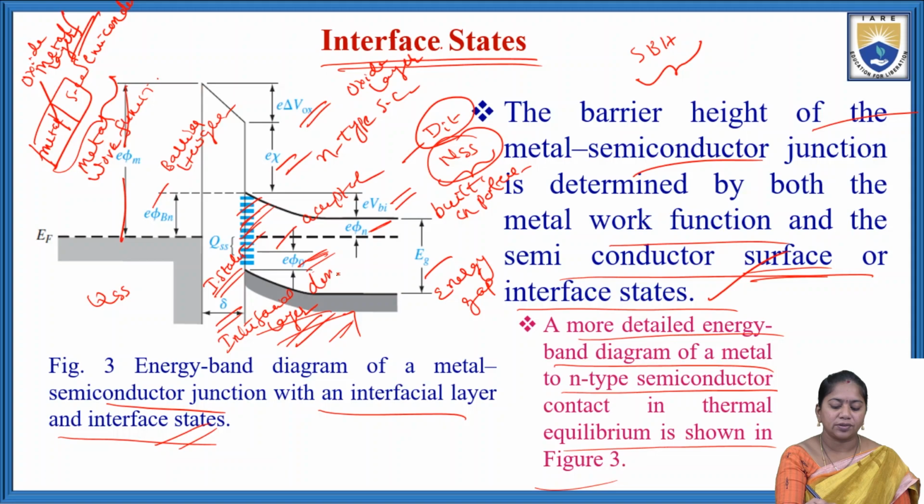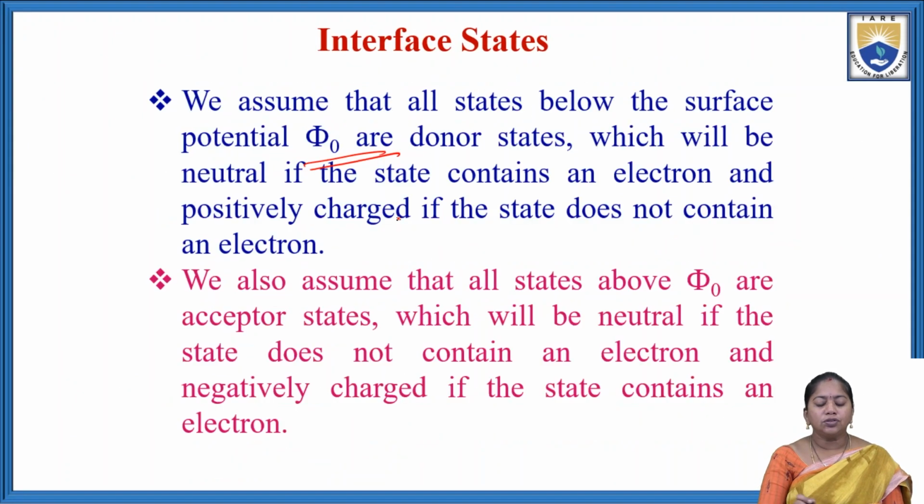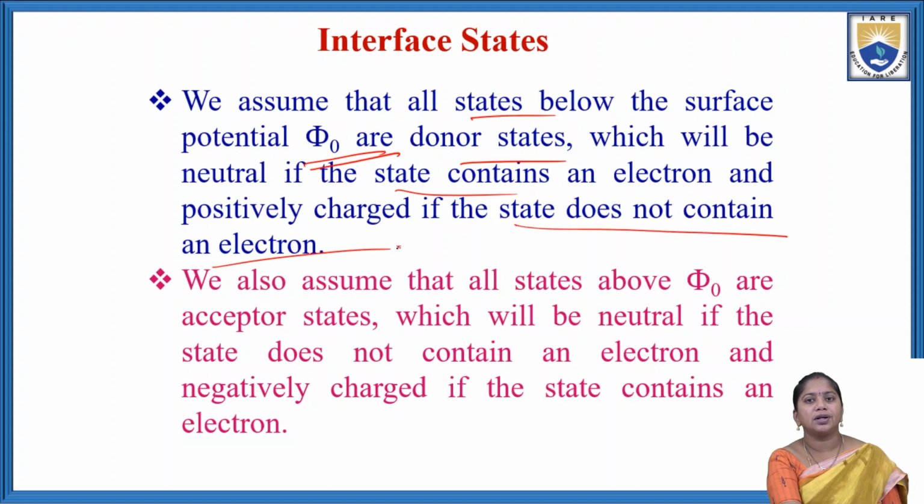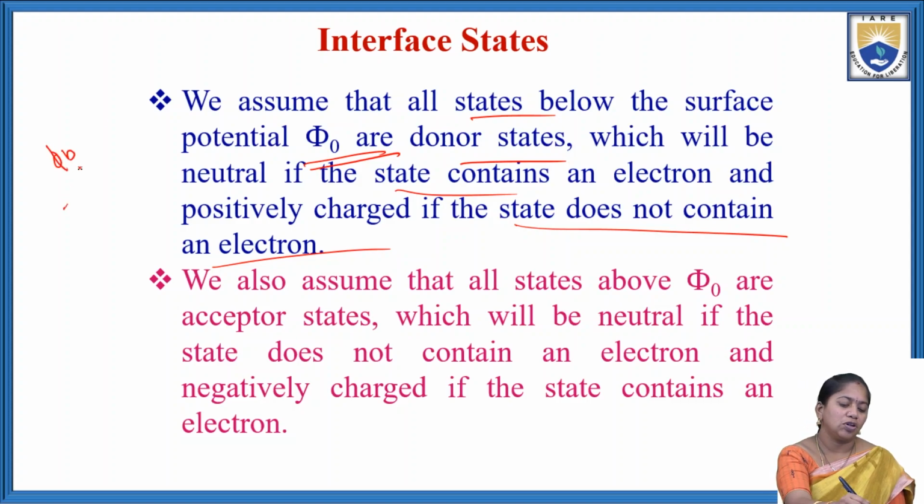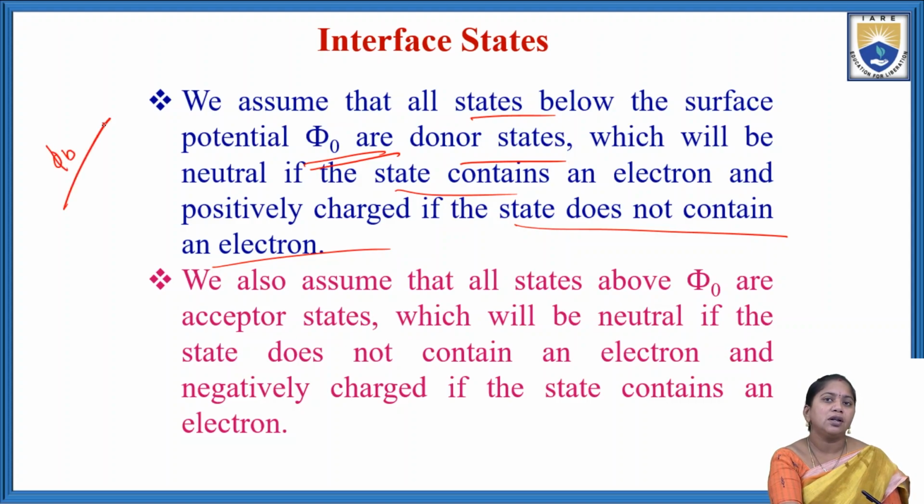The donor states will be neutral if the state contains an electron and positively charged if the state does not contain any electron.